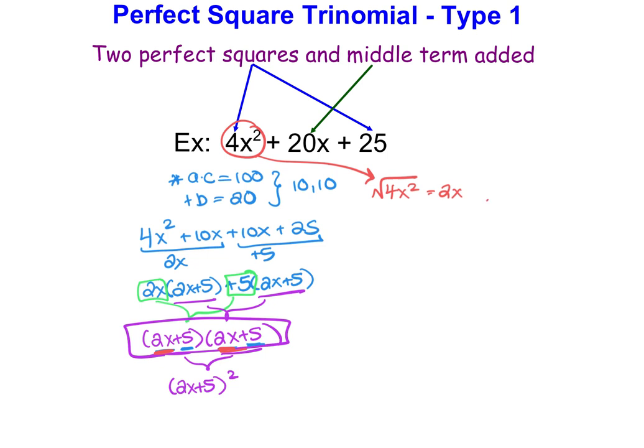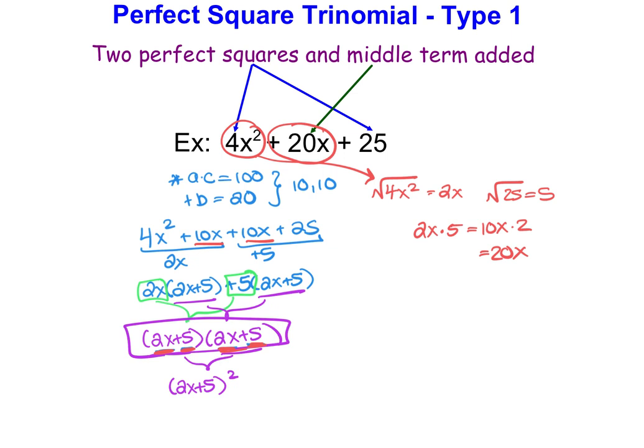Then if you square root 25, you see that the 5 is the second number in each of these parentheses. The middle number also has a special relationship, because if you take 2x and multiply it by 5, you get 10x. We see two 10x's in the problem, and if we multiply 10x by 2, that gives us 20x.